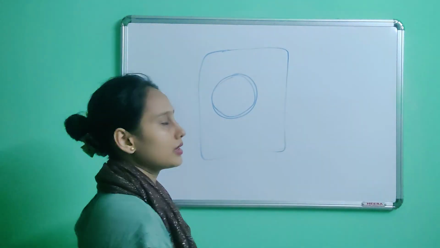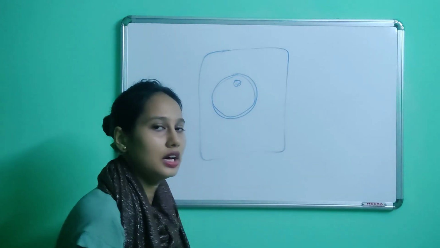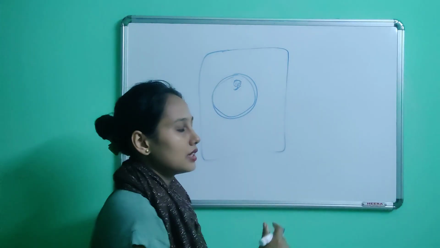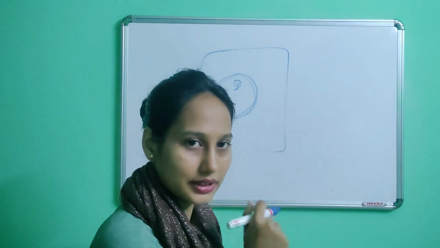That is the nucleus. Inside the nucleus, there is a specific region called the nucleolus. Why this specific region is visible in the interphase, I will discuss further.